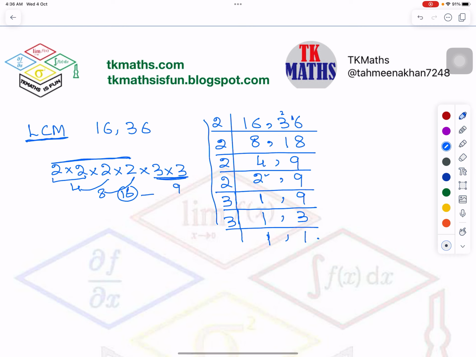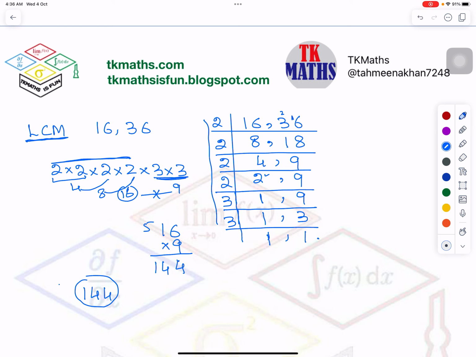So after that I just need to multiply these numbers and we all know this multiplication. We can do it. 9 6s are 54, 9 1s are 9 plus 5 is 14, 144. So least common multiple of 16 and 36 is 144.